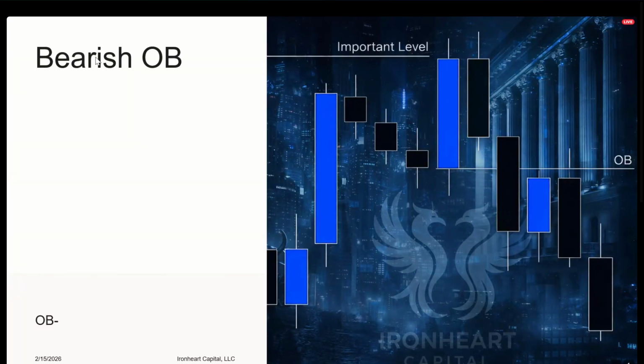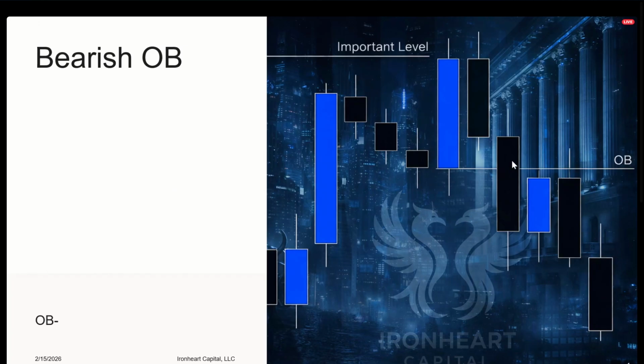So here is a bearish order block. The buy model comes and sweeps your buy side liquidity. Here's the single expansion candle into that important level. Then there's a series of down close candles.